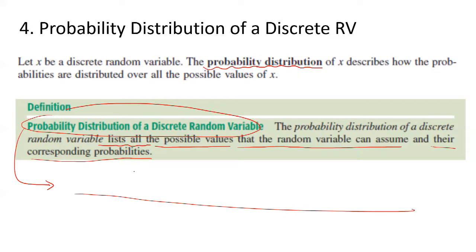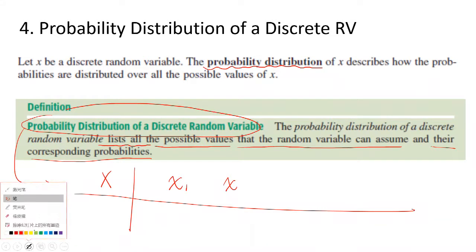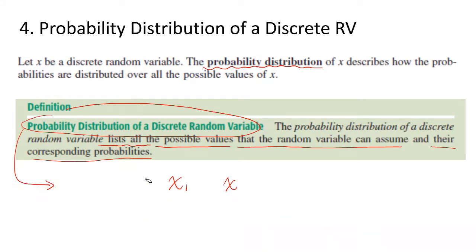On the first row, for example, we use the letter x to denote a random variable. On the first row, we list all the possible values. Okay, we use another letter here. Do not use x1.